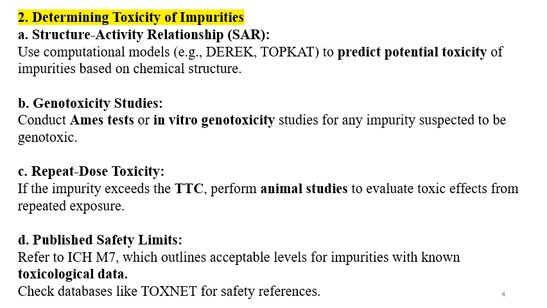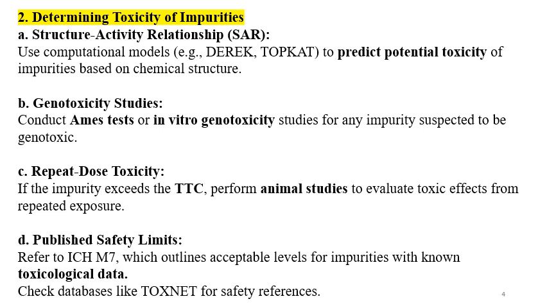Conduct genotoxicity studies, conduct repeat dose toxicity to understand the toxicity limits. Genotoxicity studies involves Ames test, and nowadays enhanced Ames test is there for genotoxicity determination, or in vitro genotoxicity studies are there for the genotoxicity potential.